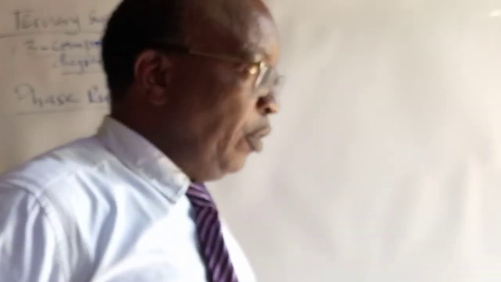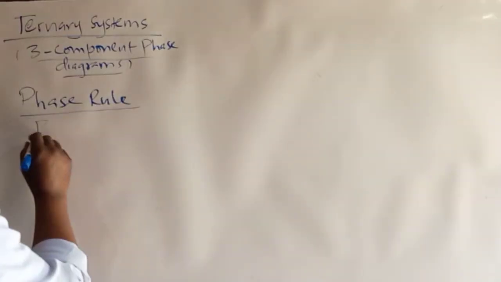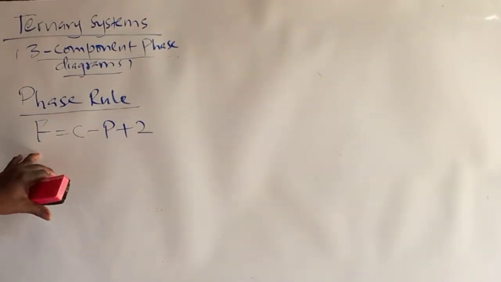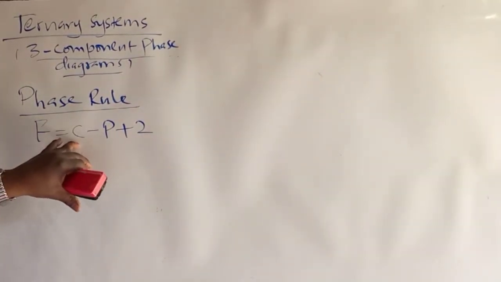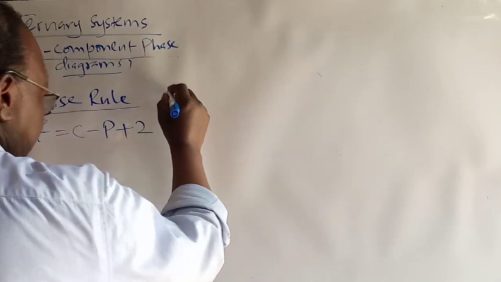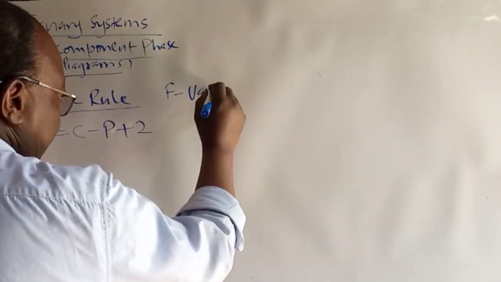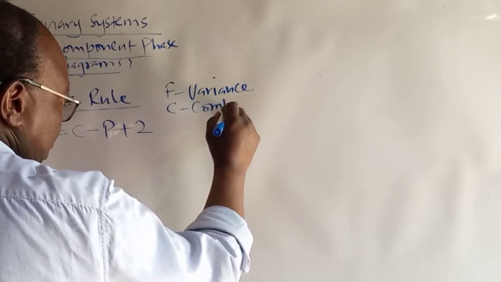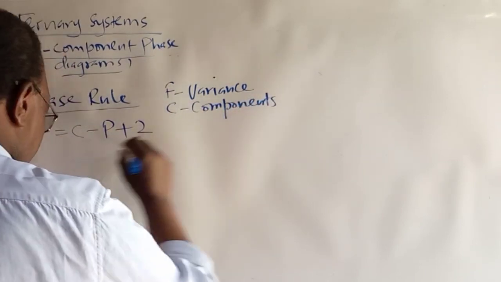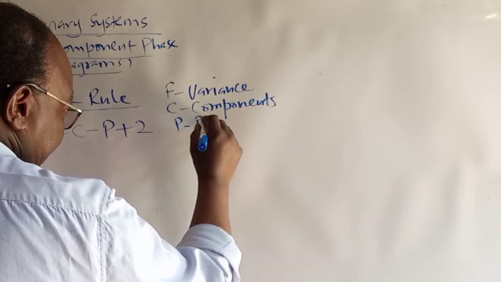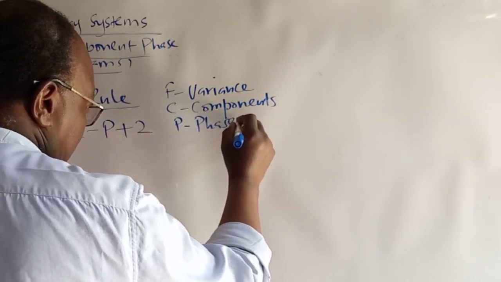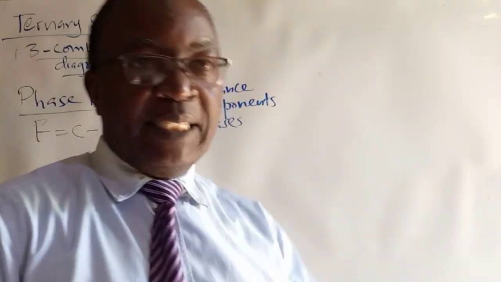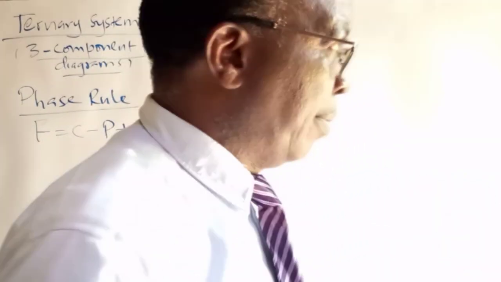Remember we said phase rule is F equals C minus P plus 2, where F is the variance of the system, or number of degrees of freedom, C is the components, and P are the phases. The 2 represents the temperature and pressure variables.